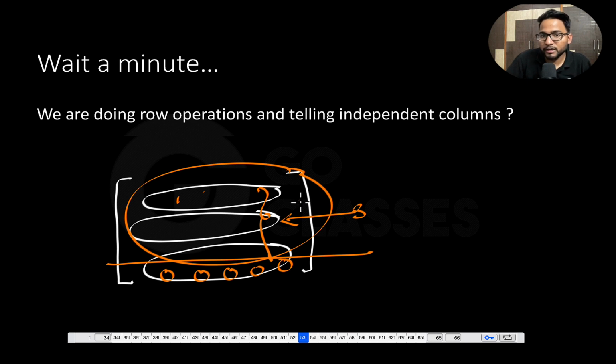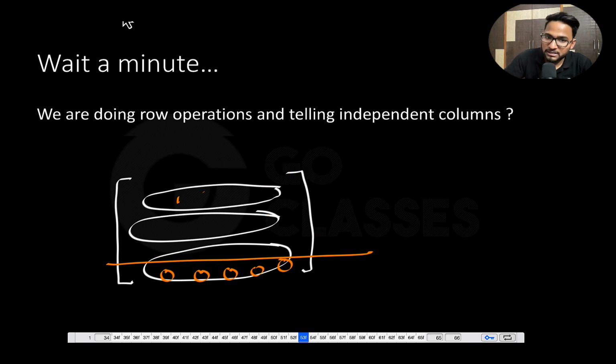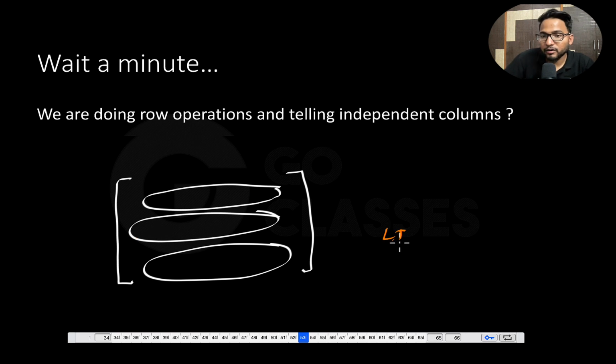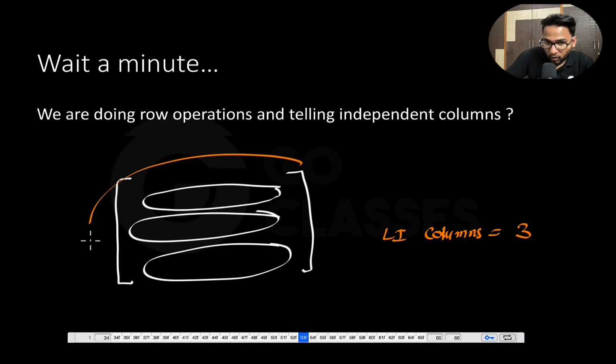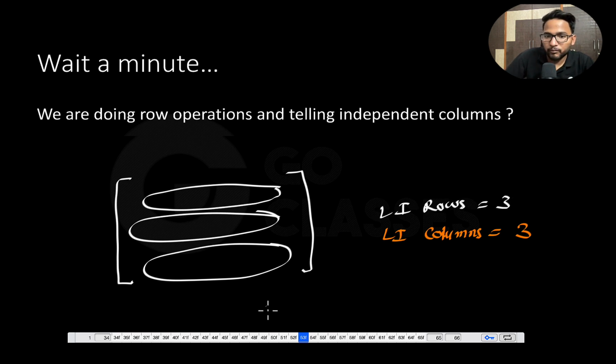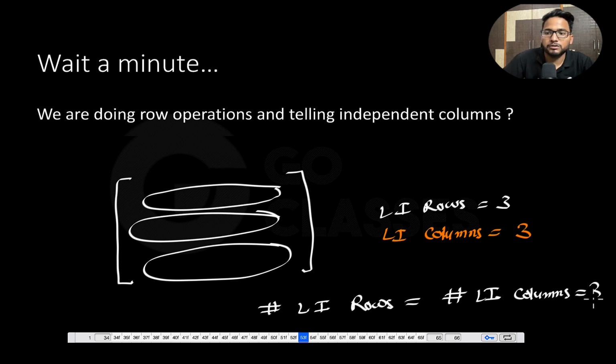What I'm trying to convey is that we are doing some row operations, and after the row operations we say that the number of linearly independent columns is also 3. Not only are we saying that the number of linearly independent rows is 3, we are saying the number of linearly independent rows is equal to the number of linearly independent columns, which is also 3.